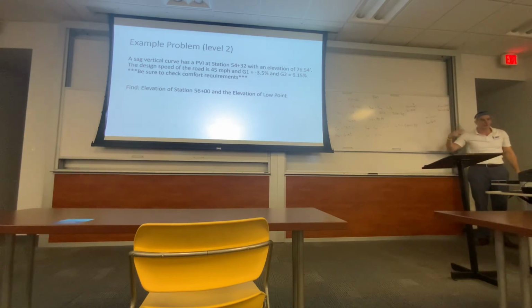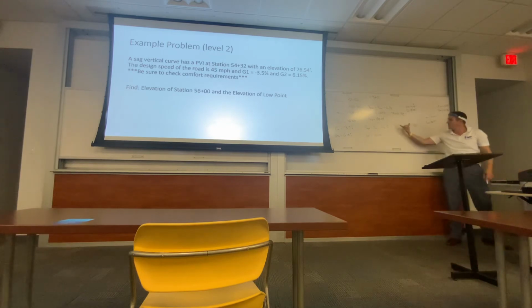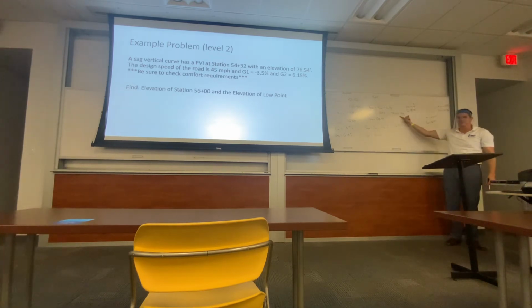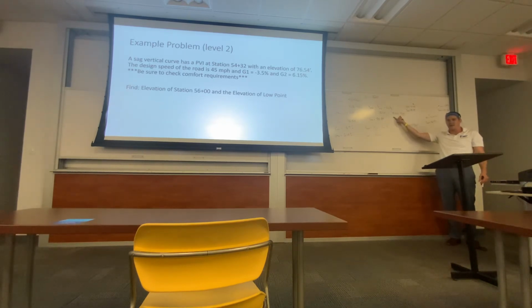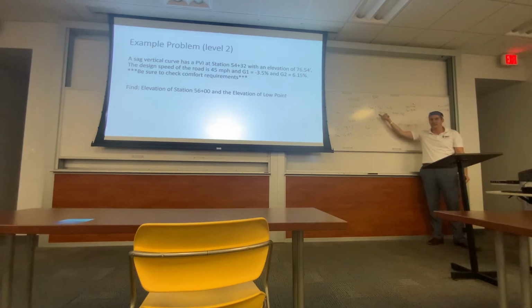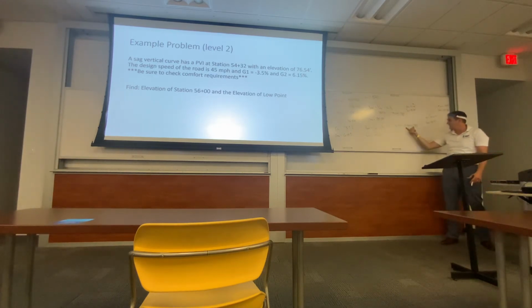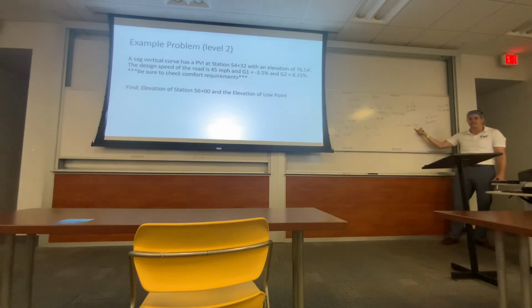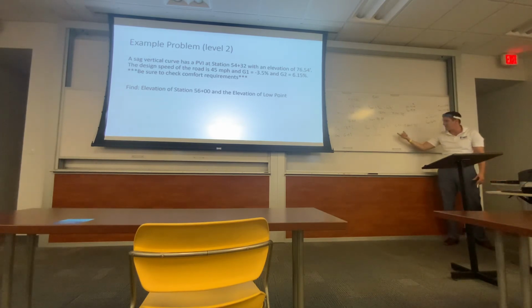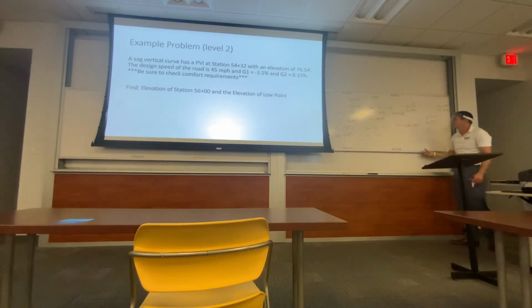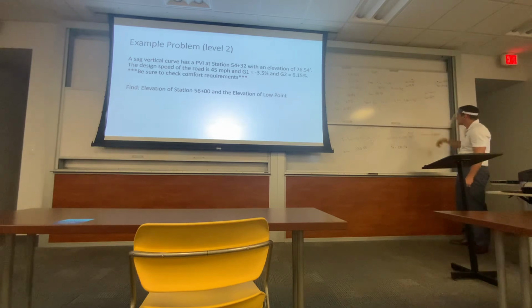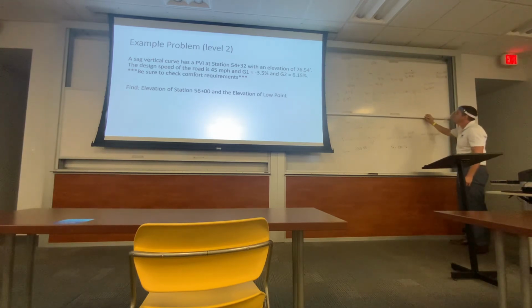As we're going through this, I'm going in my head, okay, I'm moving over 420 feet at 3.5%, so I should get 3.5 times 4, and I'm going to add that to my PVI. Then we're moving at 6% times 400 feet, 24 feet. I'm going to add that to 76, and I should get something around 100. Just trying to verify this in my head, and drawing the sketch out is going to help. All right. Good.